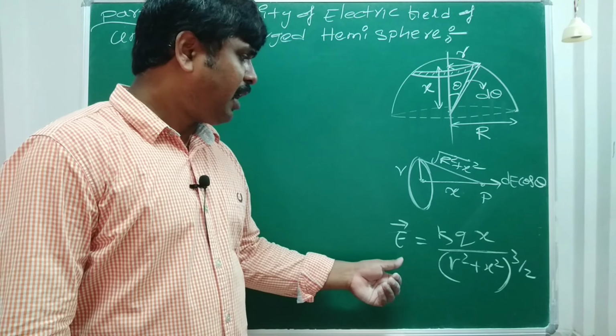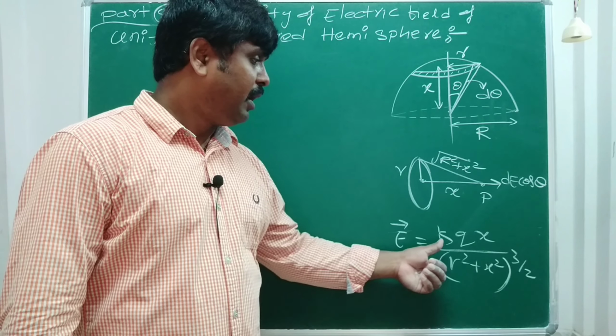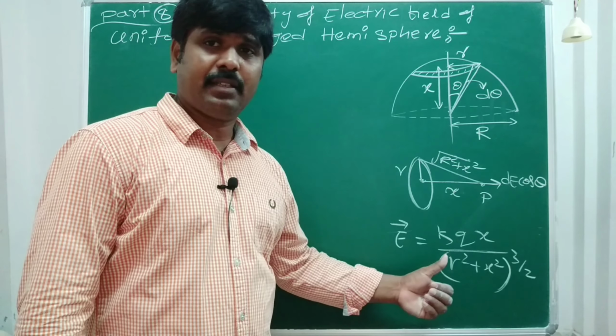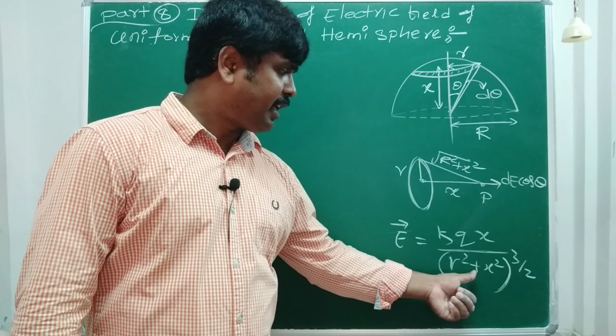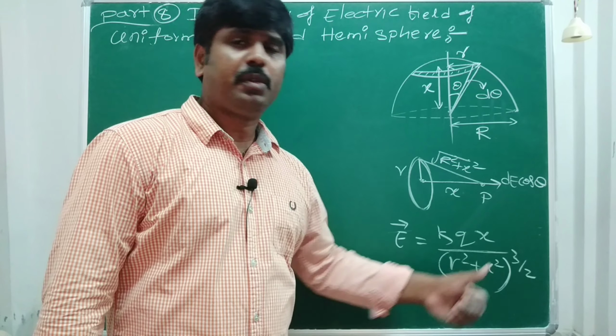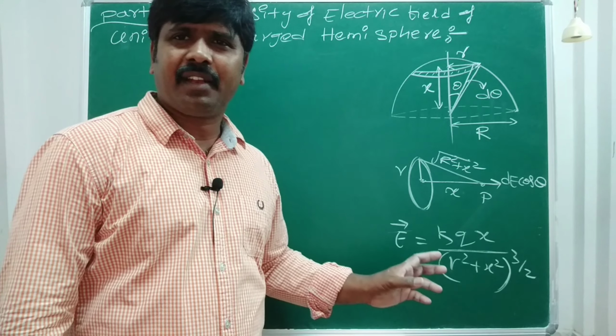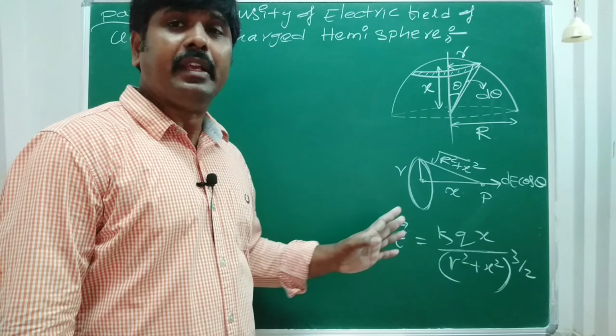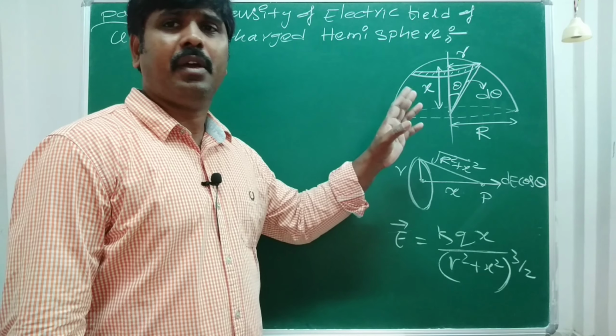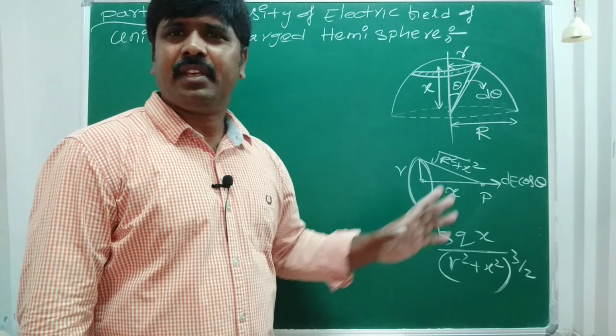And here we got E bar equal to kqx divided by small r square plus x square whole to the power of 3/2. This is the electric field intensity of the ring. Just the ring is the element we are assuming on the hemisphere.